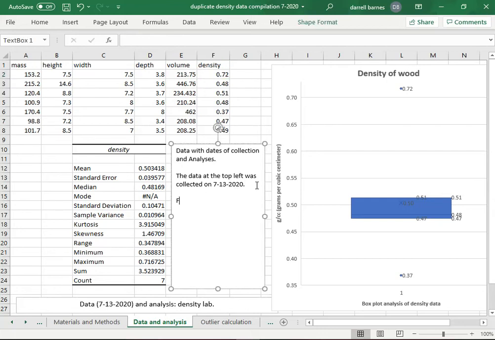All right, formulas were placed in cells E2 and F2 to calculate volume and density, respectively.